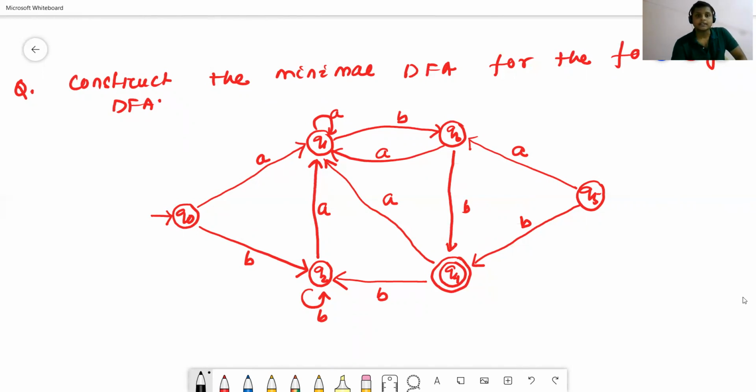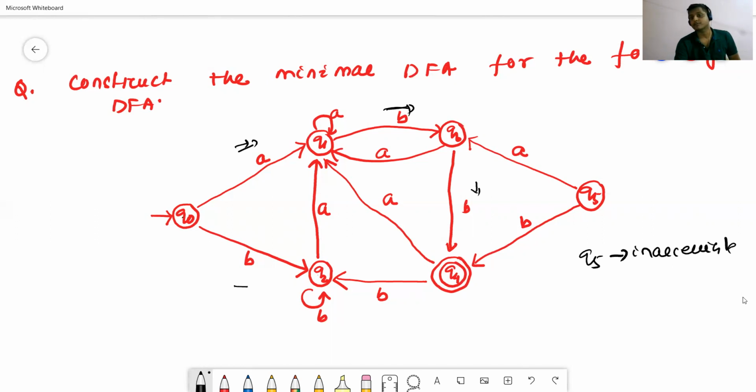See here, Q1 is reachable from the initial state, Q2 is reachable, Q3 is reachable, Q4 is reachable, but Q5 is never reachable from the initial state. So Q5 is called an inaccessible state.